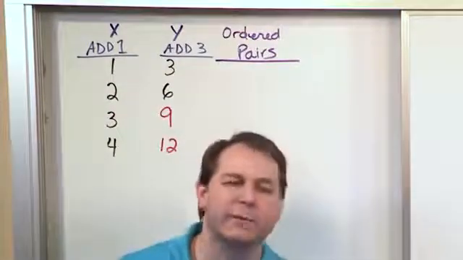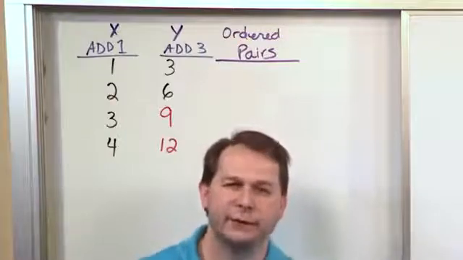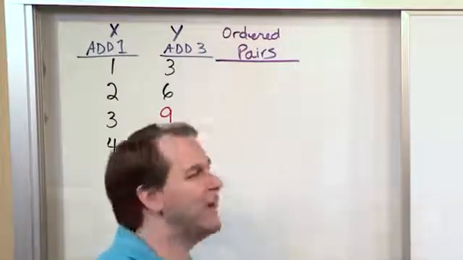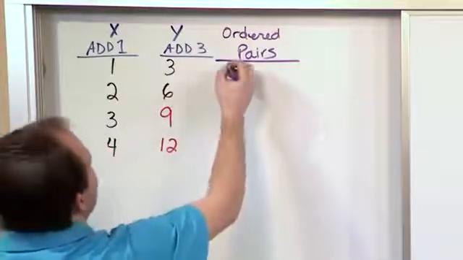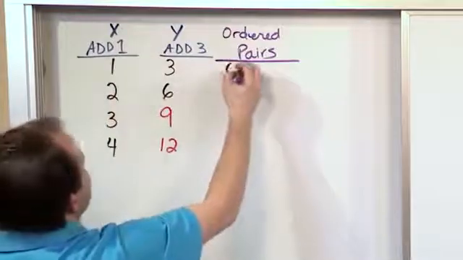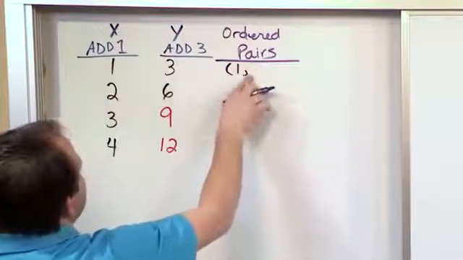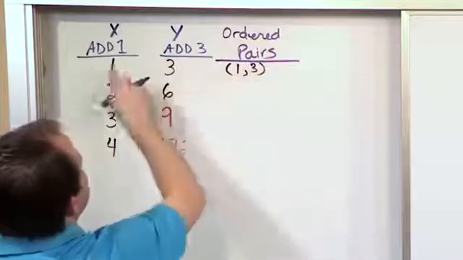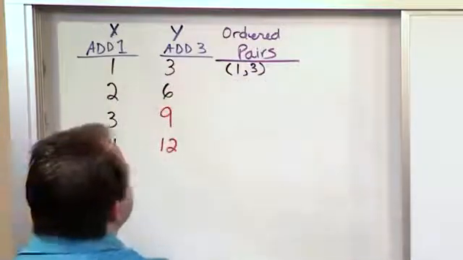You have to hang on with me here as we go through this. The first problem may not make a lot of sense, but as we go through it, you'll understand what I'm trying to drive at. We want to do an ordered pair for this first one. So for the ordered pair, you put the first column number here with a comma, and then the second number right next to it. So the ordered pair for this line is 1, 3. Very simple, right?